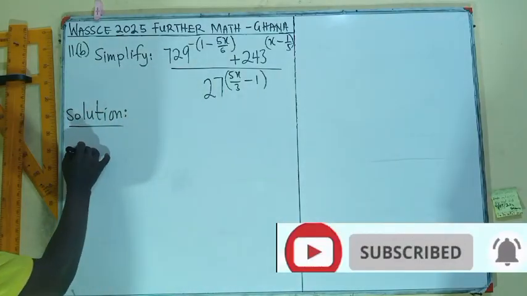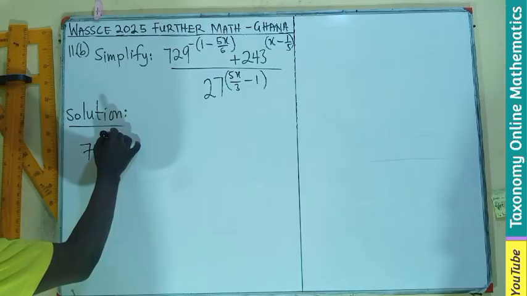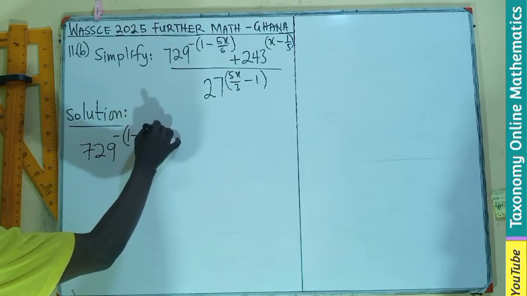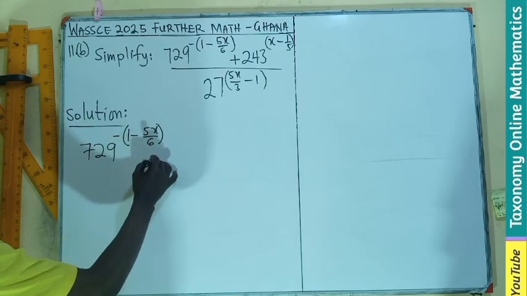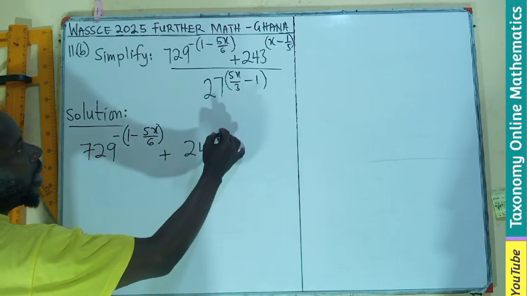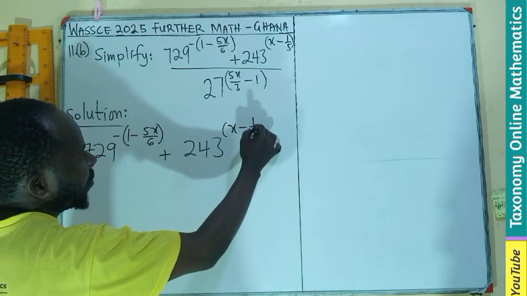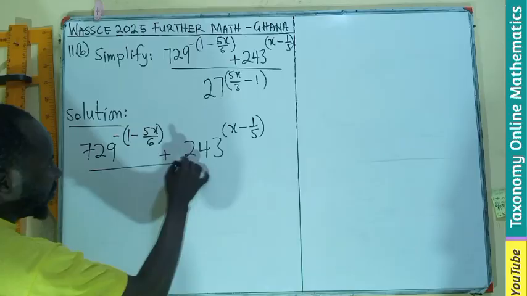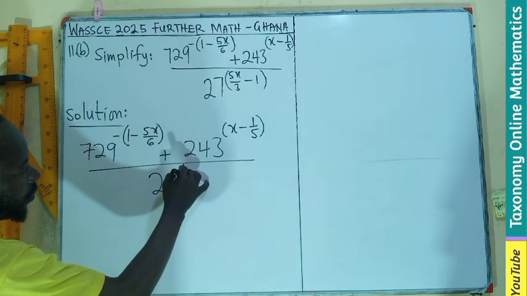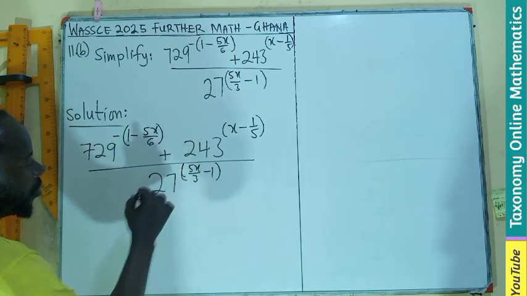We are having 729 raised to the power negative (1 minus 5x divided by 6) plus 243 raised to the power (x minus 1 over 5), all divided by 27 raised to the power (5x on 3 minus 1).